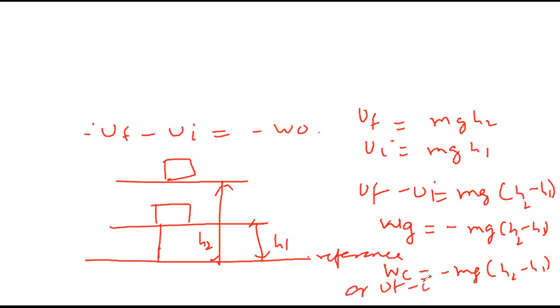Or U final minus U initial is minus of work done by a conservative force. Work done against gravity, it was Wg.